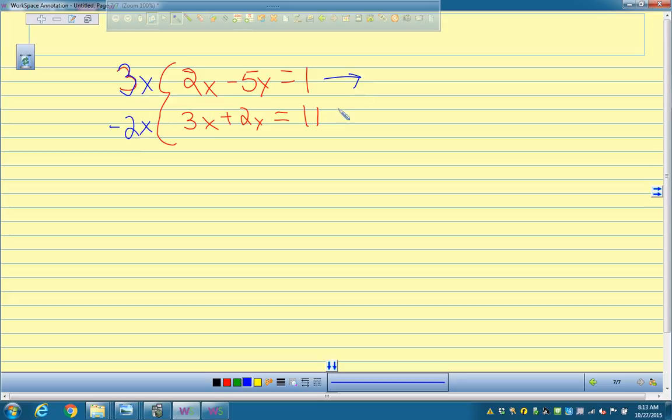When I do that, this one becomes 6x minus 15y equals 3. Okay? And this one becomes, this is confusing because it looks like x, it means times, right? 3 times, 3 times.